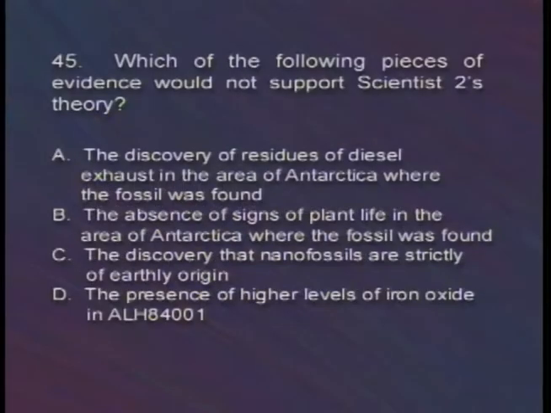So option D would support this view. Scientist 1 needs to argue that nanofossils can also be extraterrestrial in origin. So, if option C is true, Scientist 1 is weakened and Scientist 2 supported. Thus, the correct answer must be option B.